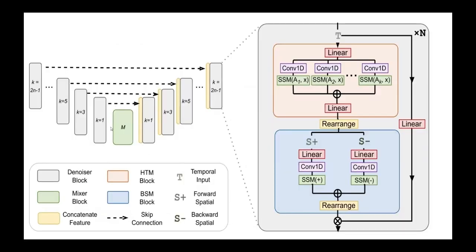So this is what talks about the mixer block. Basically, the mixer block helps Motion Mamba understand which moments in time are important and how they connect, so it can make smart predictions about motion. And in this mixer block, we are using the query, key, value mechanism, which we use in attention and transformers.